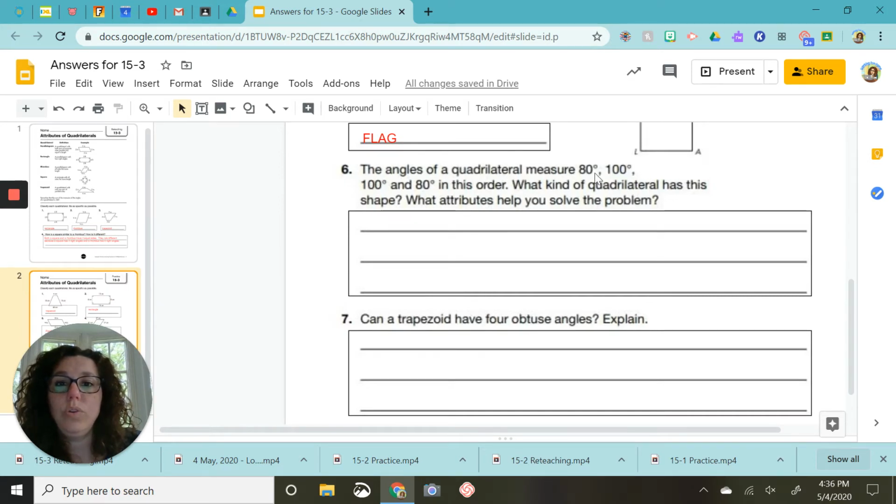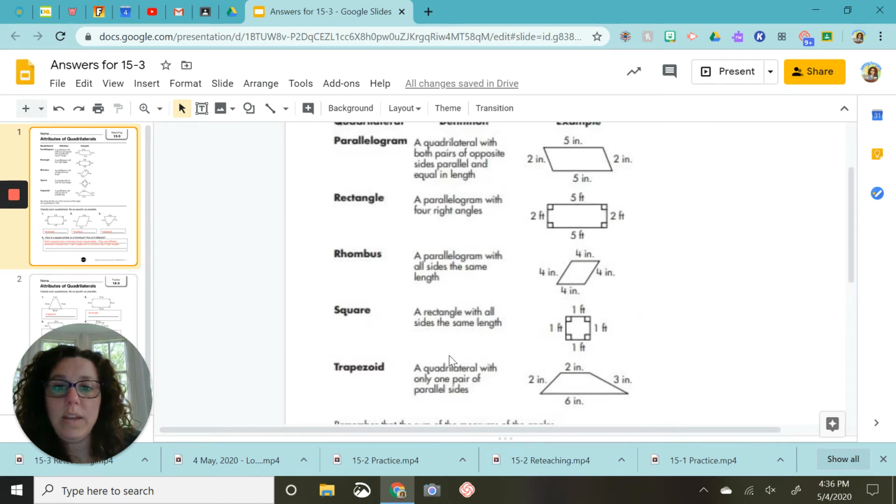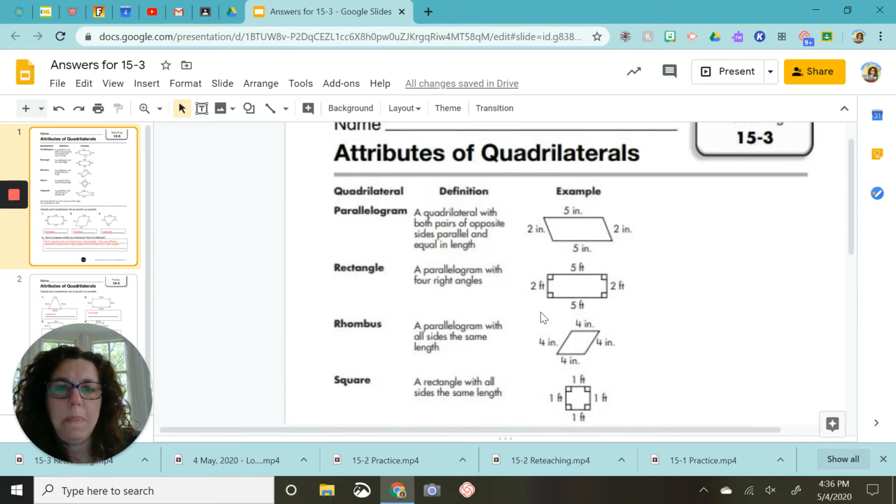Okay, so two angles that are 100 and two angles that are 80. When I'm looking here, it sure didn't seem like it would be this one. It can't be a rhombus, or could it be a rhombus? It could be a rhombus, but I'm not sure because I don't know the lengths of the sides. So I can't use the word rhombus.